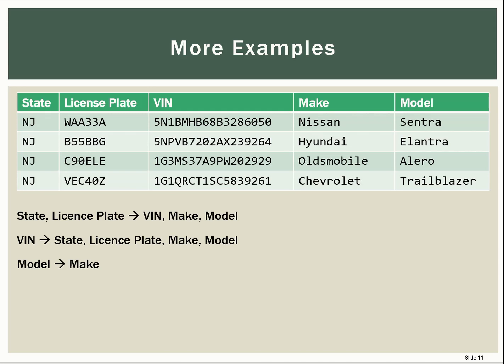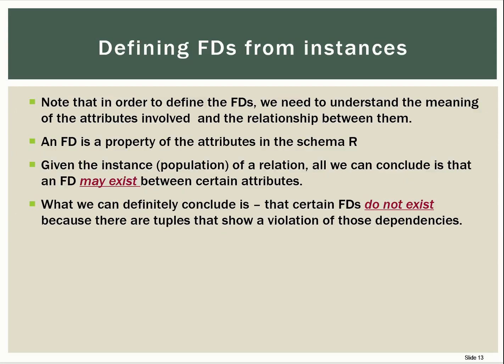So in this case, we can say with certainty that the model functionally determines the make. So every time I see Sentra, I know that it must be a Nissan and only a Nissan. If I see an Elantra, it must be a Hyundai and only a Hyundai. If I see a Trailblazer, it must be a Chevrolet and only a Chevrolet. So finding functional dependencies is really important, and it takes some time and it takes some thought.